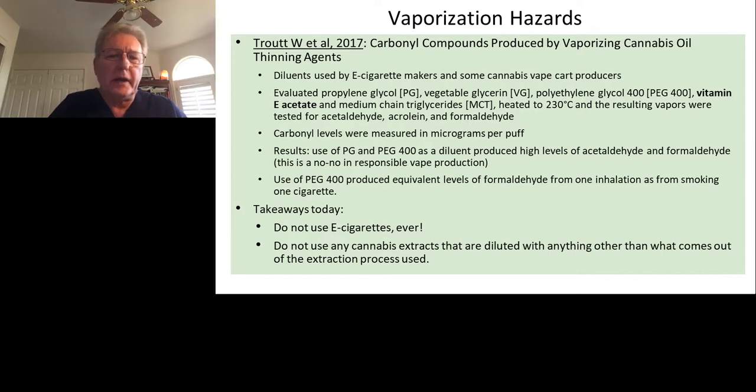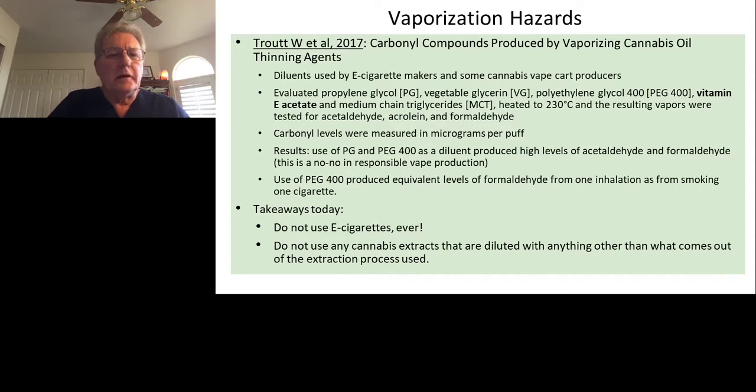PG and PEG can produce acetaldehyde and formaldehyde, for which there is no safe exposure to those toxic products. And PEG is most important in producing other carcinogens like 1,4-dioxane and ethylene oxide when it's heated.